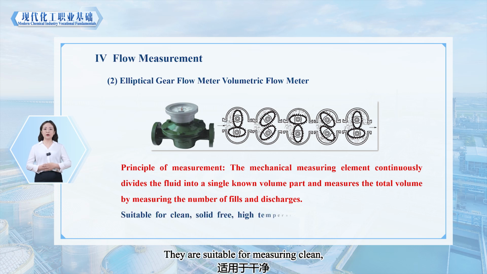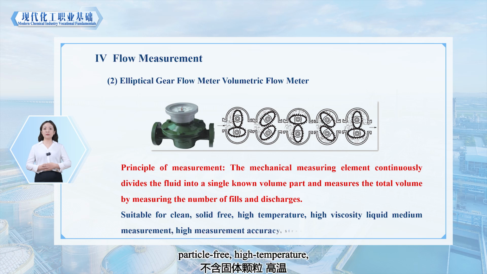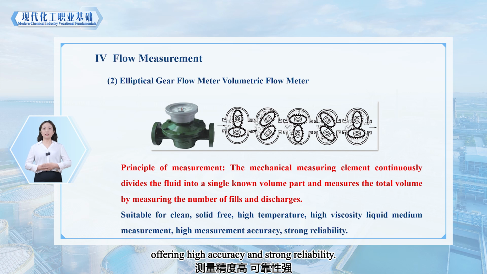They are suitable for measuring clean, particle-free, high temperature, and high viscosity liquid media, offering high accuracy and strong reliability. In the food and beverage industry, elliptical gear flowmeters are commonly used to measure the flow of high viscosity liquids like syrups, enabling precise control of ingredient proportions.